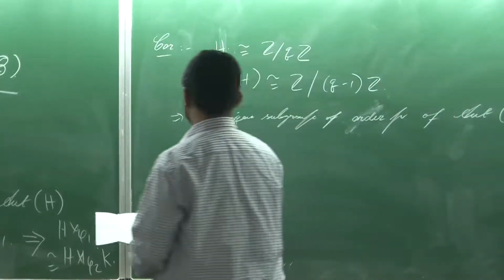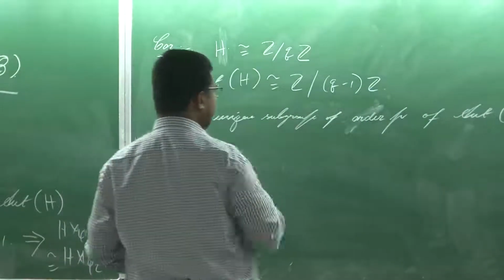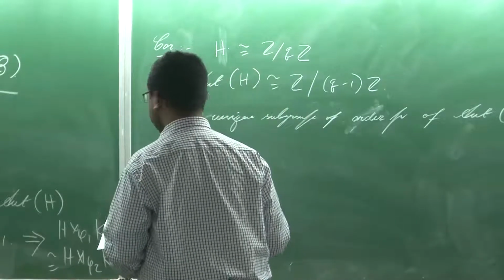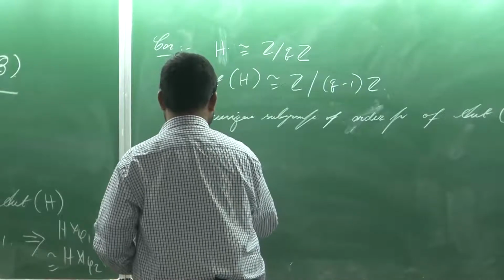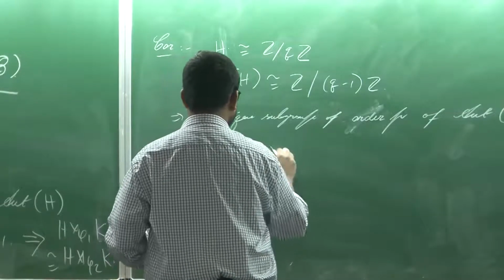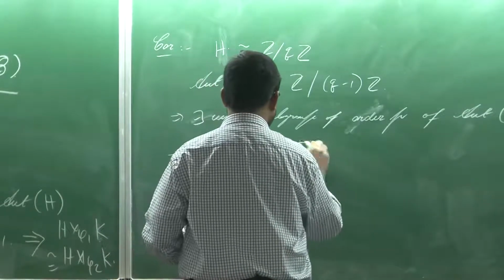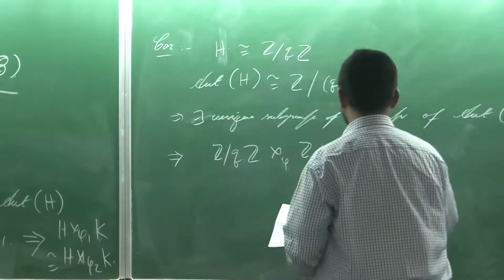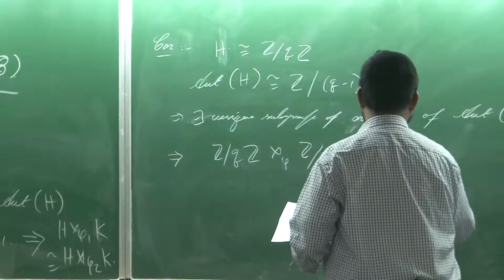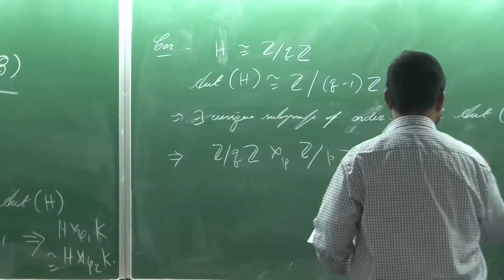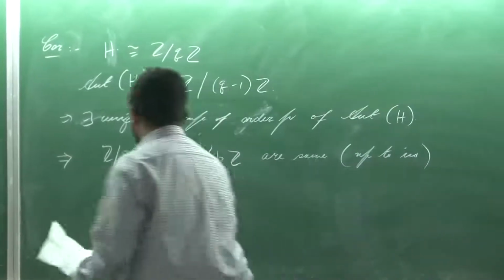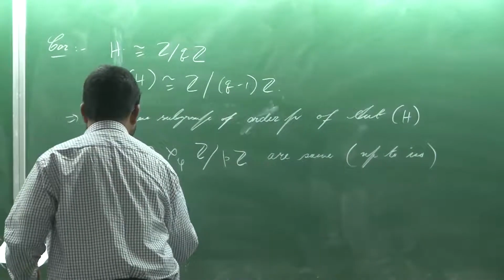And from that it is quite clear that Z modulo QZ semidirect product Z modulo PZ are the same up to isomorphism, for every non-trivial phi.